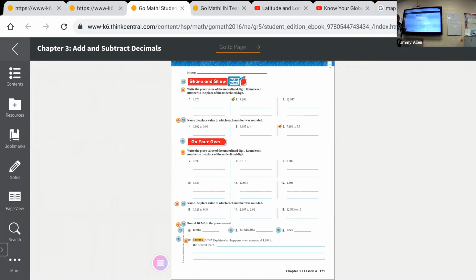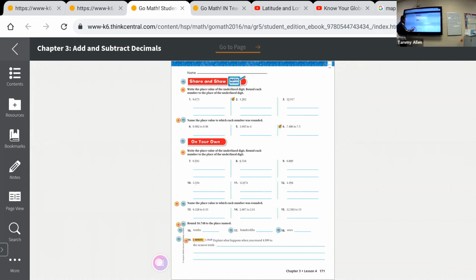Let's take a look at number 4. Number 4, they did 982,000 and they rounded it to 98,000. The directions say name the place value to which each number was rounded. What place value did we round that to? Jonathan? Stay turned around, please.